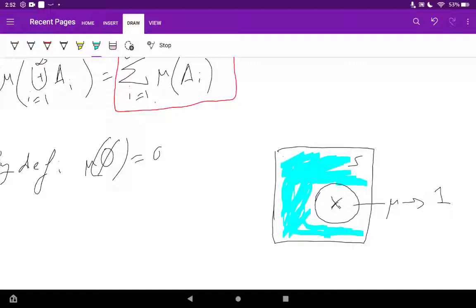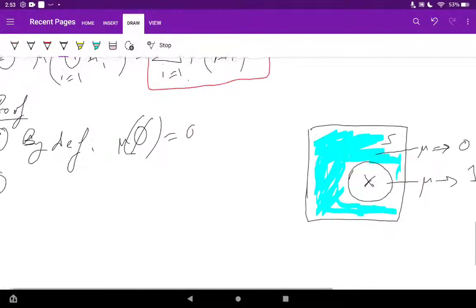So what I'm trying to say is that when this goes into mu, I'll draw another one so that it's better. When anything from this blue shaded area goes to this measure, it outputs 0.